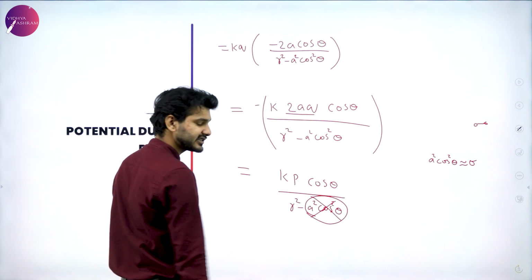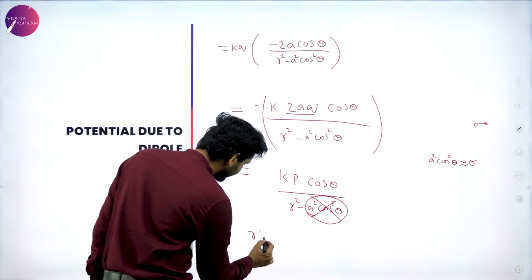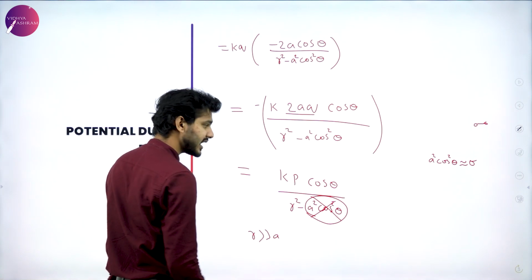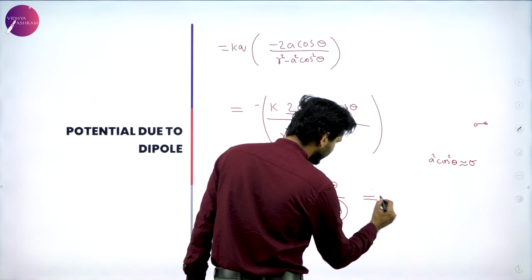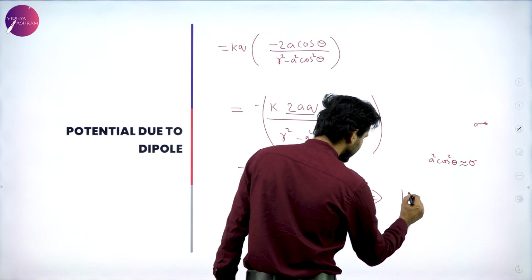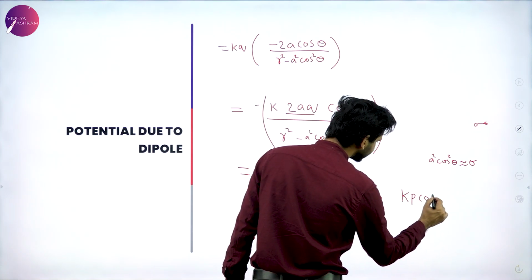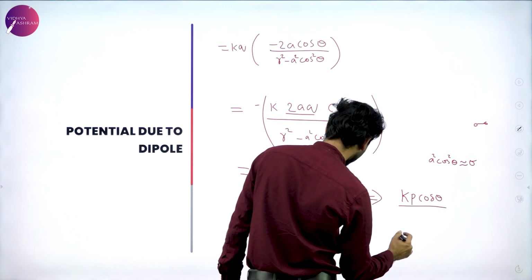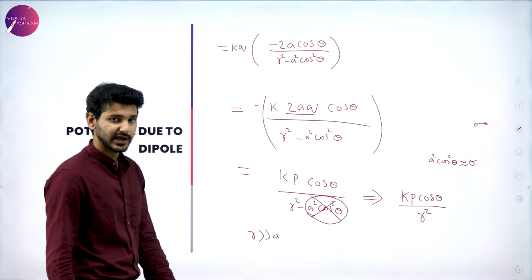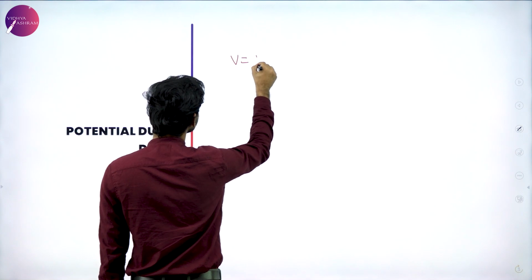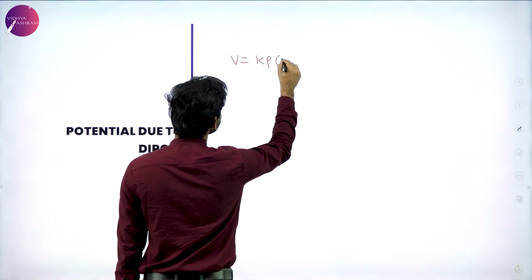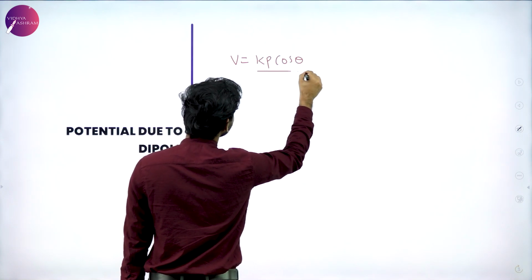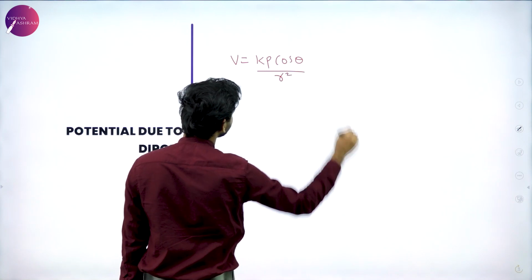So with r being very, very large compared to a, this equation will transform to the form kp cos theta divided by r square. Okay. So kp cos theta divided by r square.